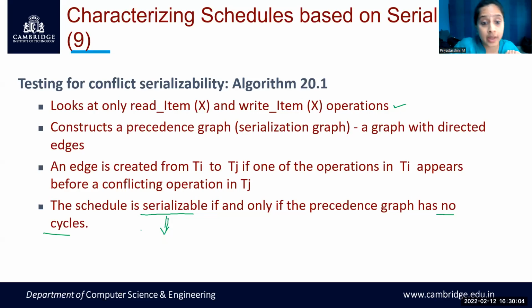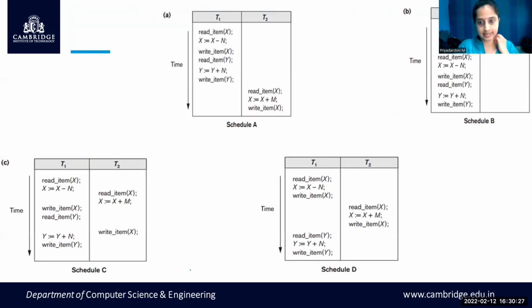That's why, when you check serializability, you will actually tell which serial order the output is matching, which serial order the serializable schedule's output is matched to. Is that clear? That's all we need to check here. Now let's go with an example.